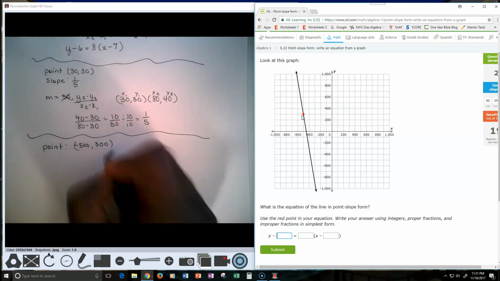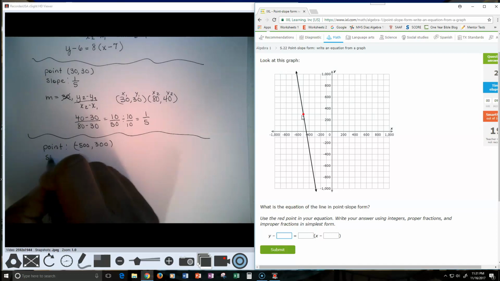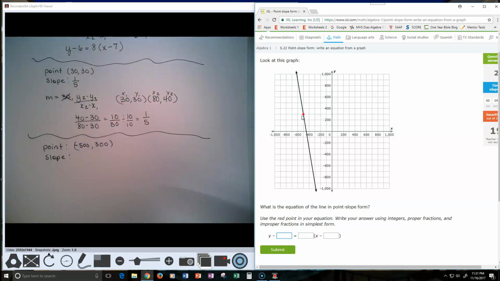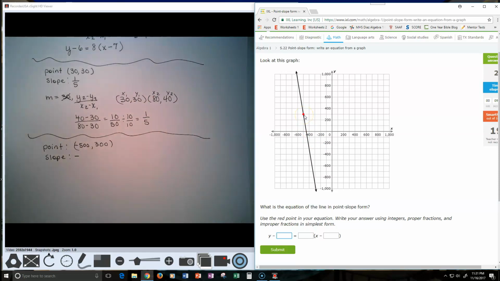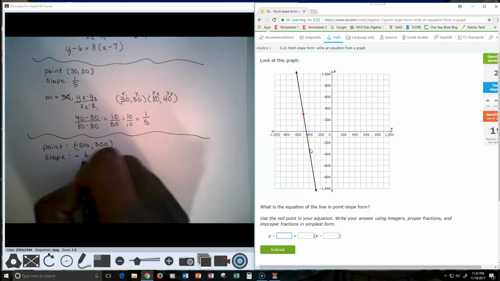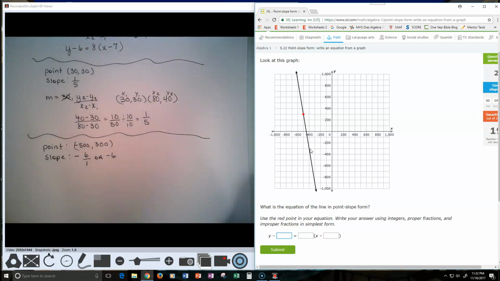So our point is negative 500, 300. Let's go ahead and find our slope. First, I'm going to use the graph to do that. Since I know I've got a negative slope, I'm going to put my negative there. And I'm going to count down 1, 2, 3, 4, 5, 6, and to the right 1. So I fell 6 over 1, or I can just say I fell 6.